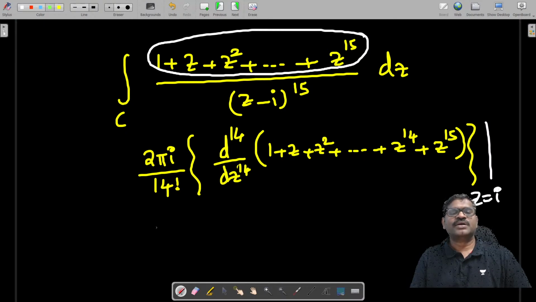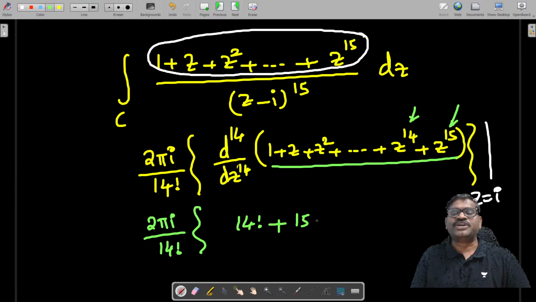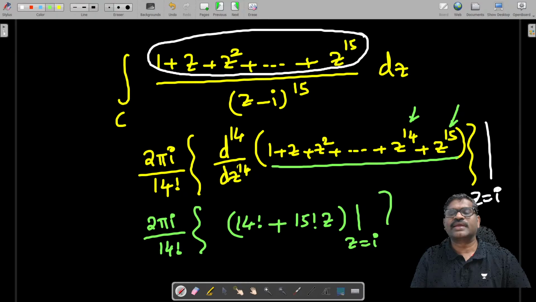Now, when you differentiate this polynomial 14 times, z power 14 becomes 14 factorial, plus z power 15 becomes 15 into 14 factorial, that is 15 factorial z, where z equal to i.